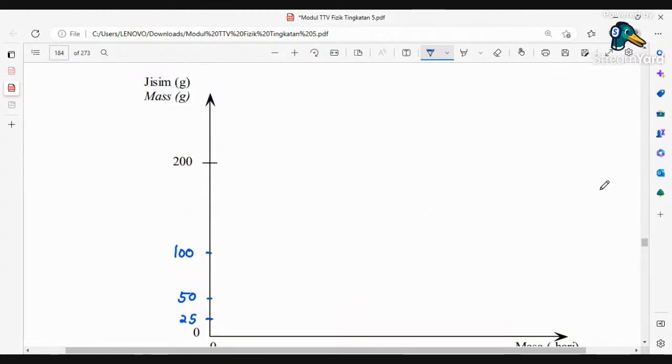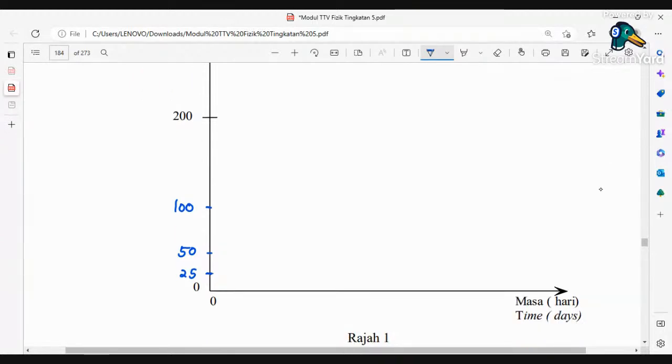Okay, so for 200 become 100, let's say I mark as 8, 16, 24, 32. Okay, 200 to become 100 after 8 days. So this is the first point.